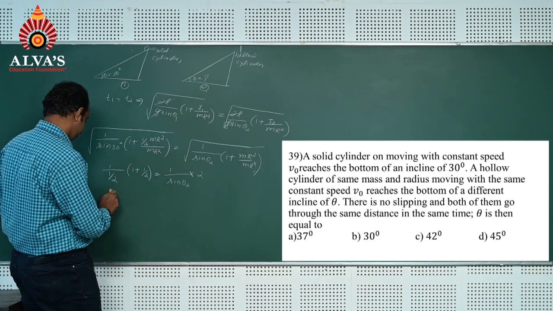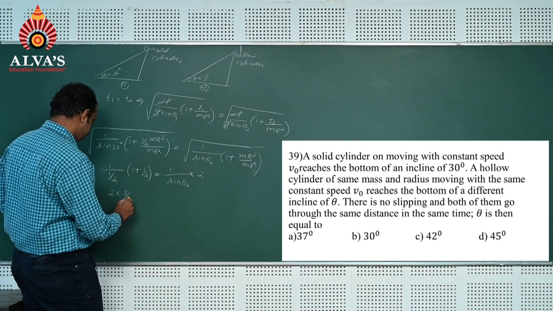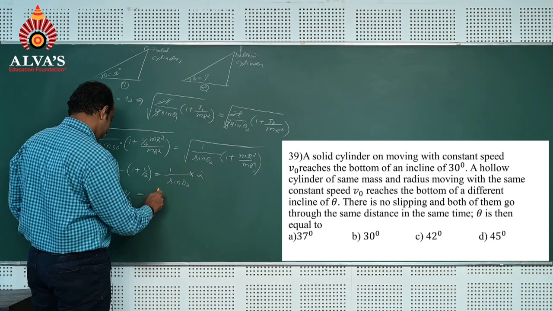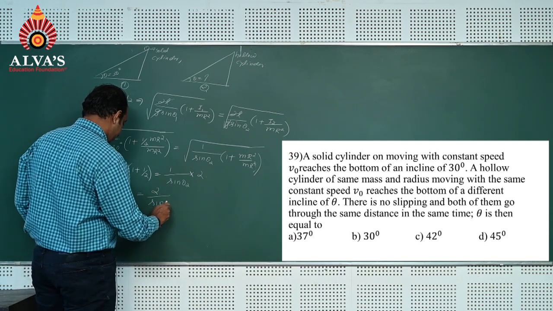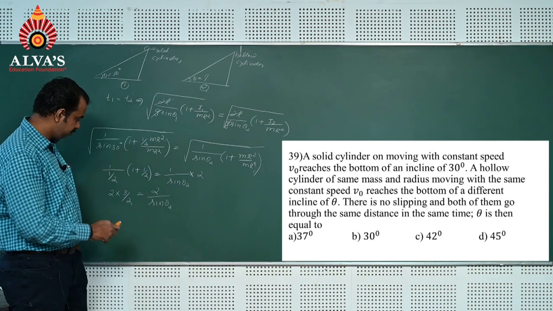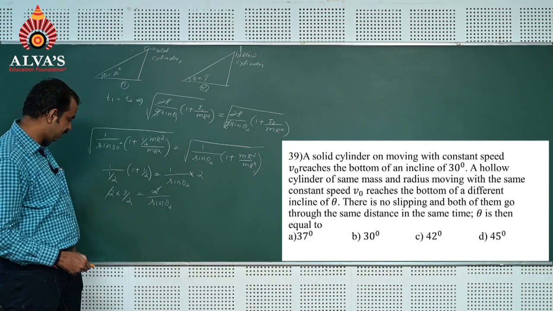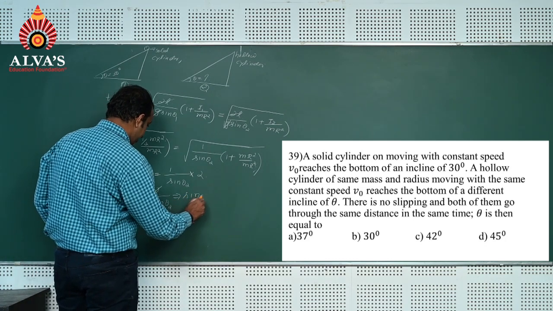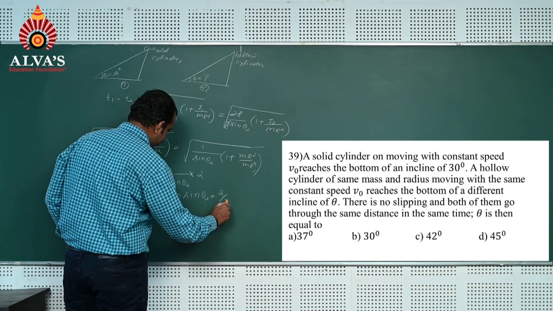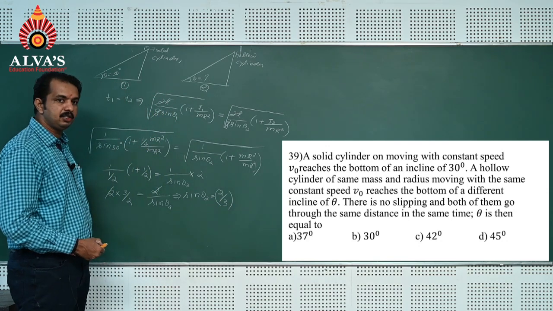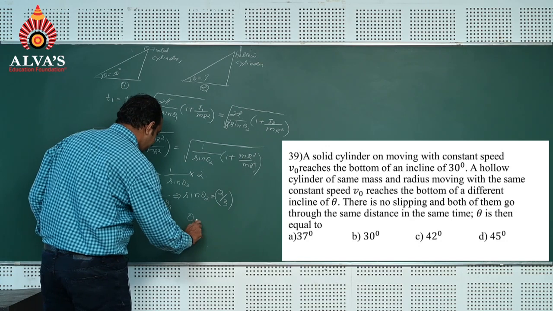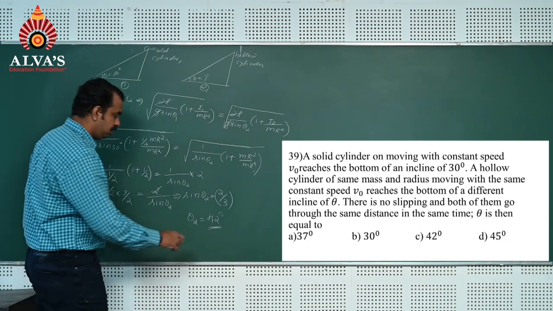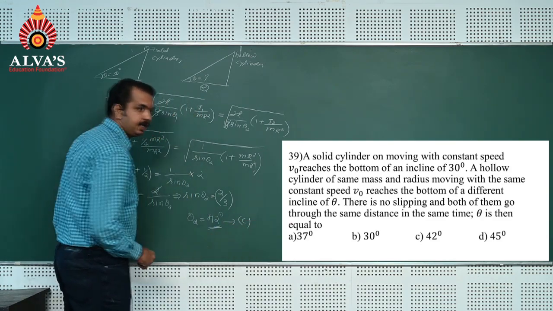It is 2 into 3 by 2 is equal to 2 by sin theta 2. 2 is common on both sides, left hand side and right hand side get cancelled. So sin theta 2 is equal to 2 by 3, which means theta 2 is equal to 42 degree. 42 degree means option C is the correct answer.